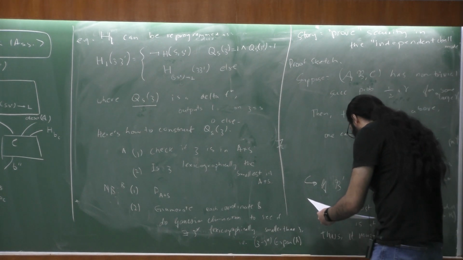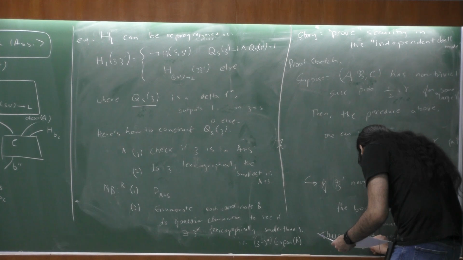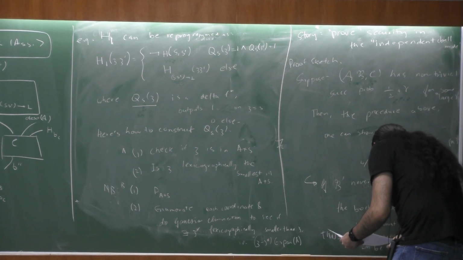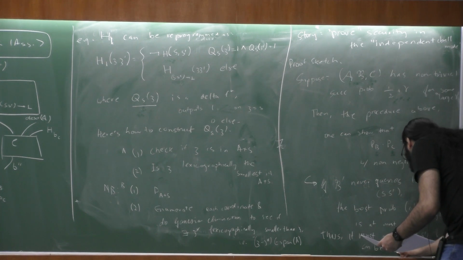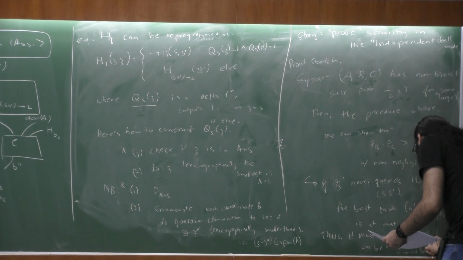So it can be extracted by measuring the query register at random with non-negligible probability.